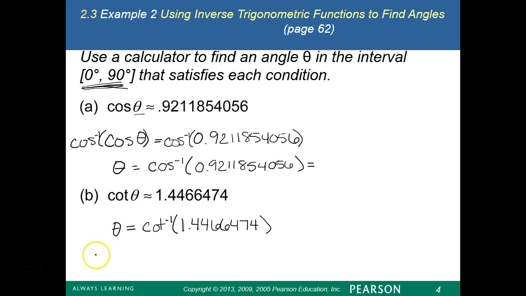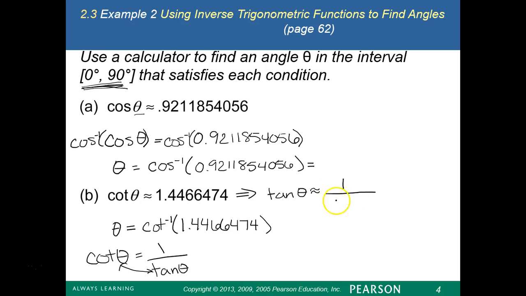So if we look at cotangent, sorry, that is really sloppy. Cotangent of theta is equal to 1 over tangent. Or we can pretty much interchange tangent and cotangent here. So what we're actually looking for is, this is the same thing as stating tangent of theta is approximately 1 over 1.446, that whole long decimal number.